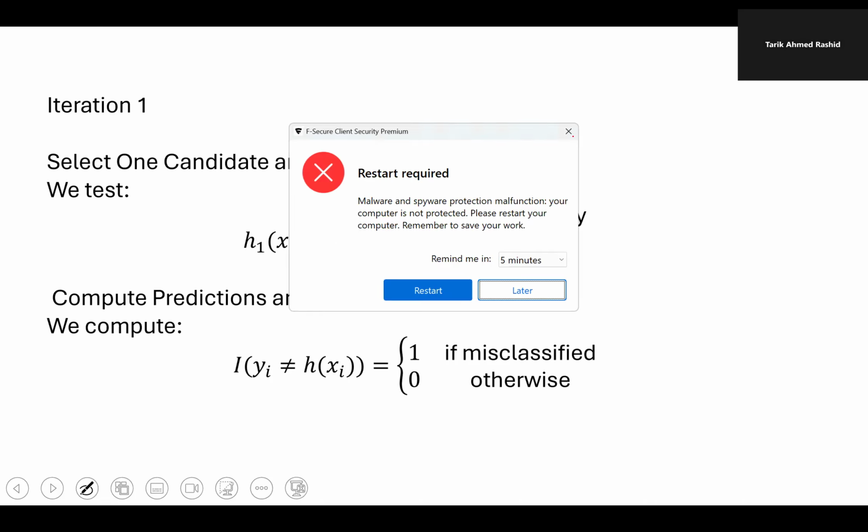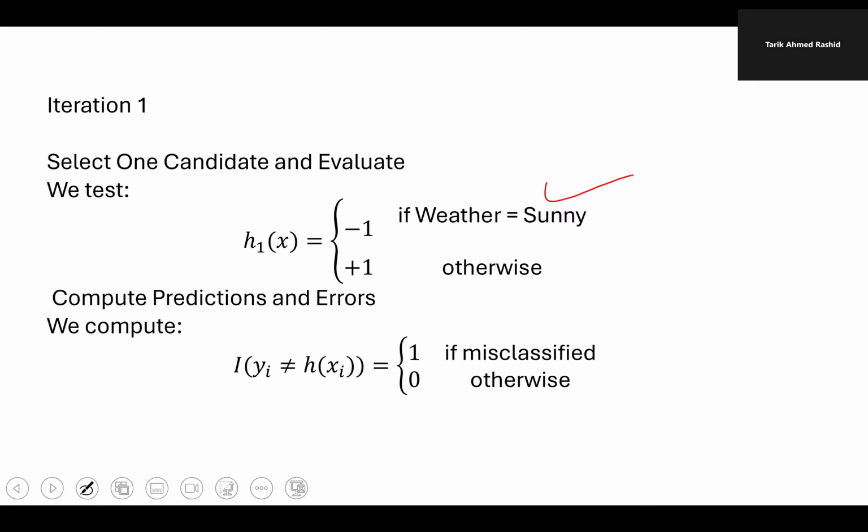We can select sunny, and h(x) equals -1 if the weather is sunny, otherwise it will be +1. If the weak classifier is not equal to the class, there is an error, and that error will be important to get to a stronger classifier.